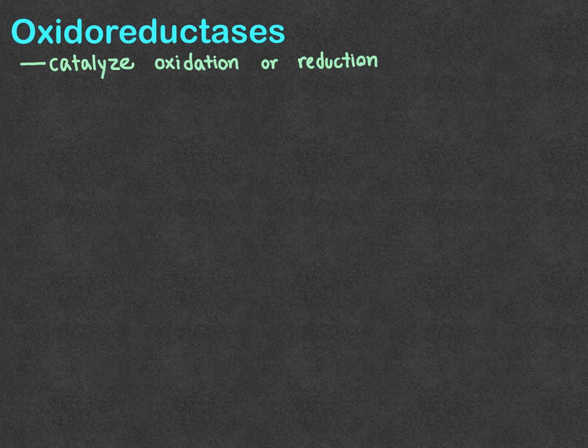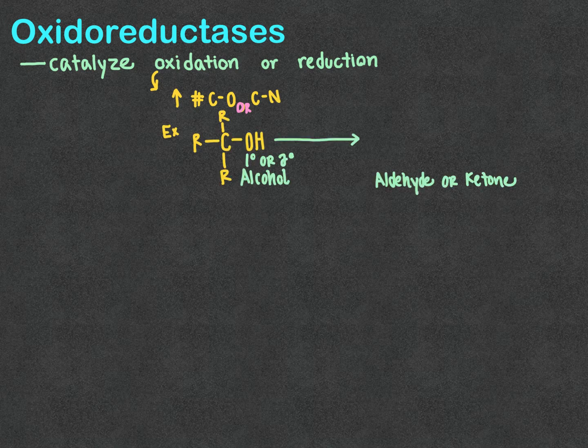Oxidoreductases are enzymes that catalyze oxidation or reduction. Remember from earlier discussions that oxidation refers to an increase in the number of bonds between carbon and an electronegative atom, such as oxygen. For example, if we go from an alcohol to an aldehyde or ketone with a carbonyl group, we have increased the number of carbon-oxygen bonds from 1 carbon-oxygen bond to 2.